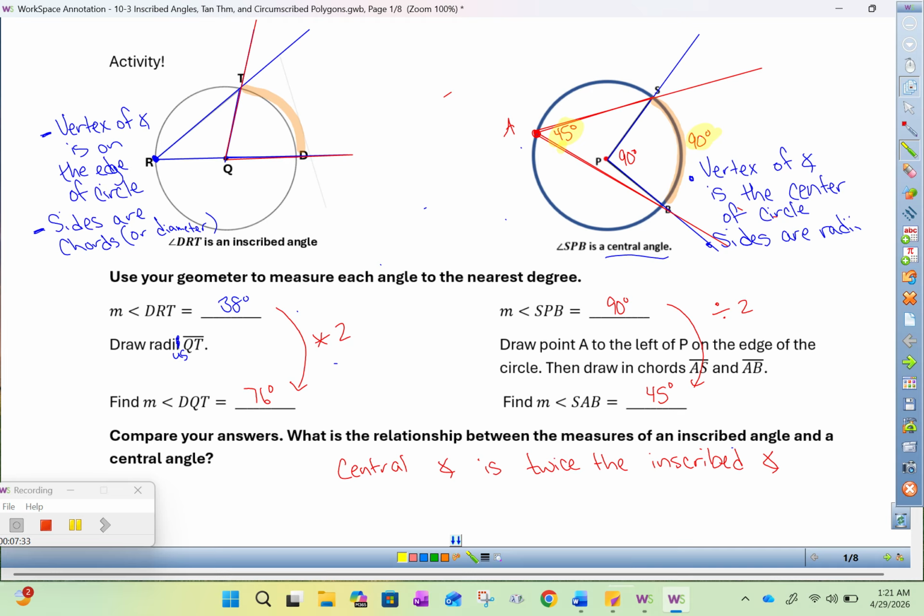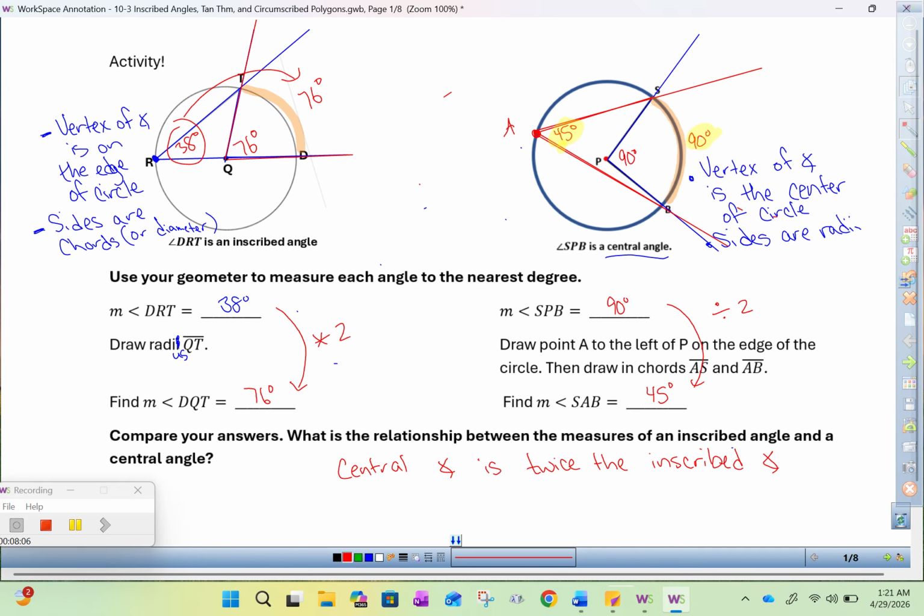Similarly, if we know that this arc measurement was 76 degrees for the central angle, then our arc would be 76 degrees, and I could find my inscribed angle going backwards of 38 degrees from what we learned before. Okay, so we can start with this number and go out to get to the central angle or to the arc, all the different things.